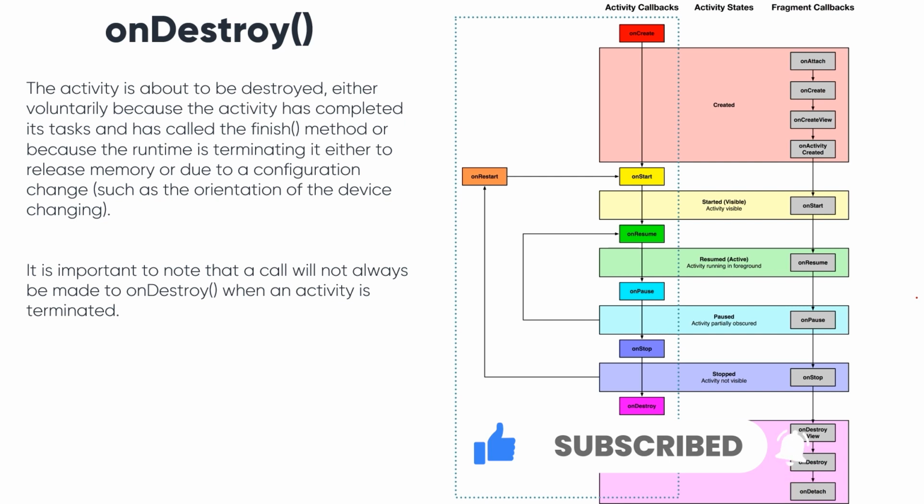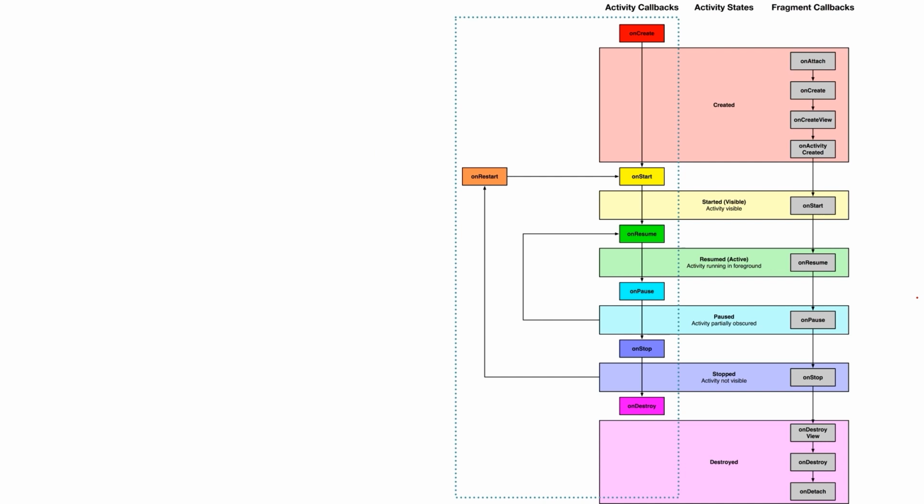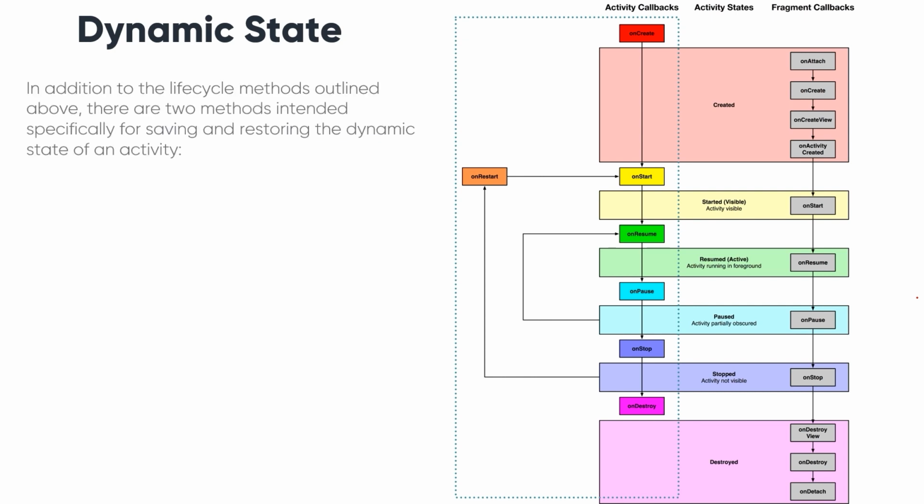So these are the 7 methods of the life cycle of the activity. Later on in the next videos, we will create an app that illustrates these methods more with deep information.